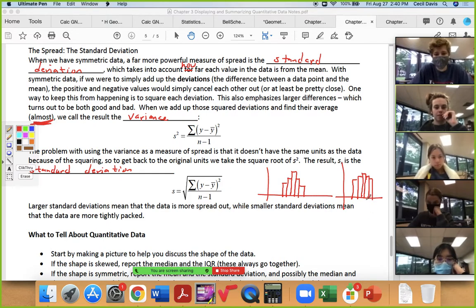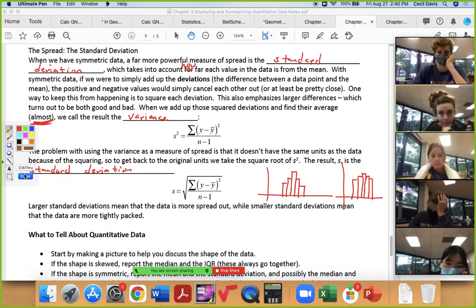This second one would have a larger standard deviation because you've got more points that are a good way away from the mean, as opposed to these, where you don't have as many that are far away from the mean. Does that make sense? So the range of these two is about the same, but the standard deviations are different, which is one of the reasons why we prefer a standard deviation when we can get it over just a range or just an interquartile range.